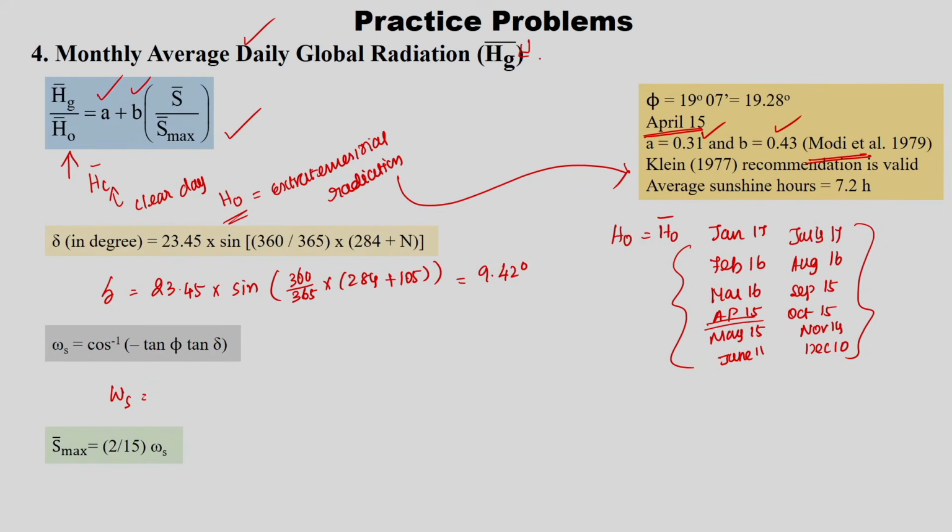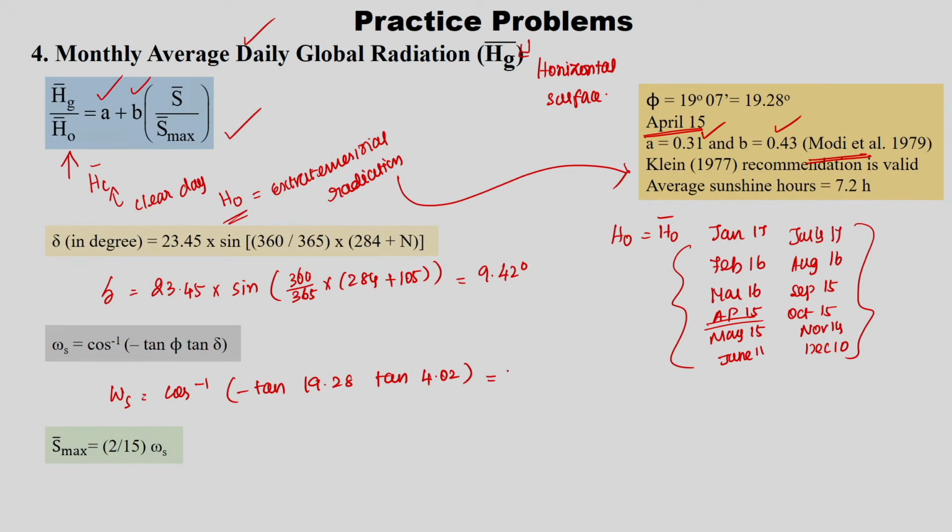The second one is omega s. Remember this is calculated on a horizontal surface. Omega s is cos inverse of minus tan 19.28 and tan 4.02.